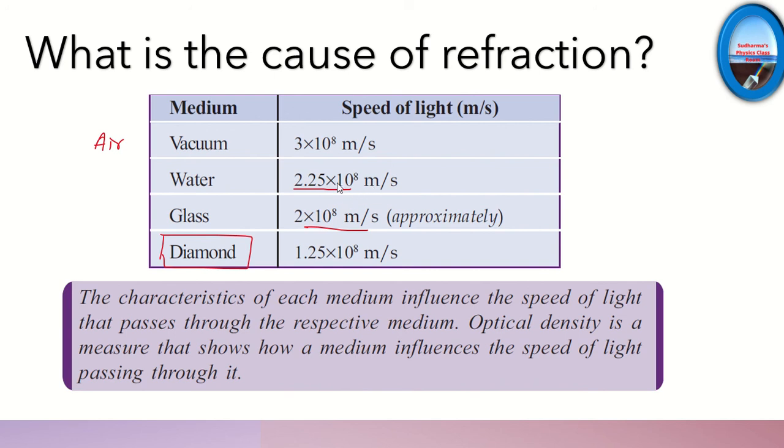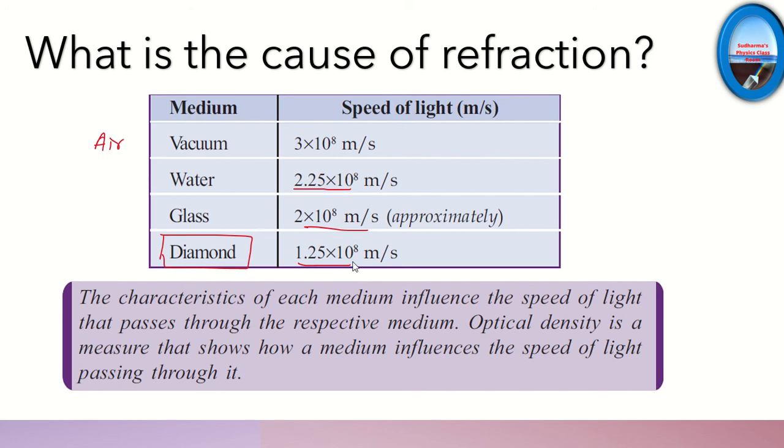So these values are really, really important. Have a look at these values. We can see the highest speed is in vacuum or in air, then in water, and then in glass, then diamond. This is a special one, because in diamond light has the least speed.